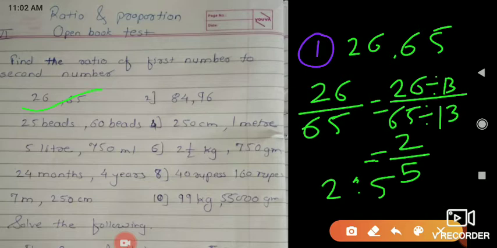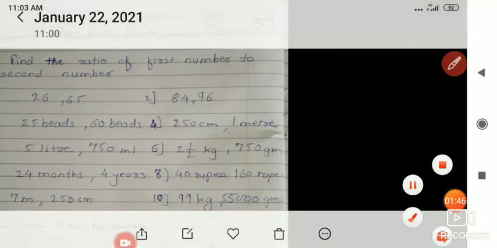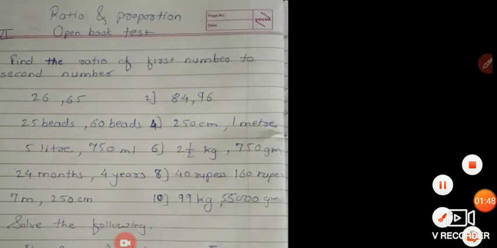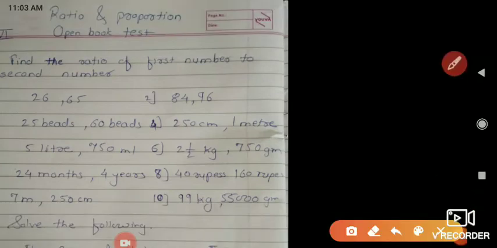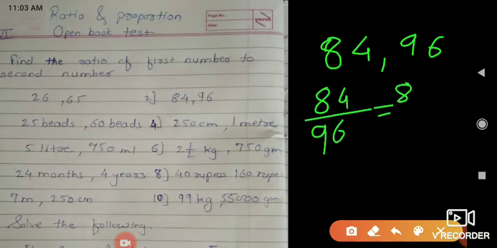Okay, now the next question is 84 and 96. It is a very easy question actually. We have to find out the ratio of the first number to the second number. So 84 upon 96, and both these numbers are present in the 12's table.